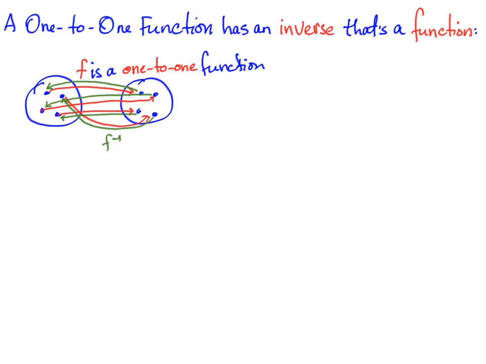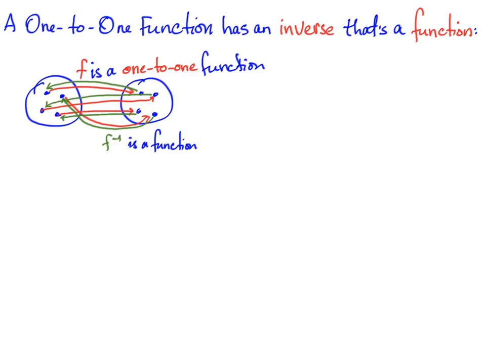So we can tell that is a function. And the reason it's a function is because the original function f was one-to-one. Each of those outputs had only one red arrow coming into them. That allows it so that if we use them as inputs, there's only going to be one green arrow coming out.